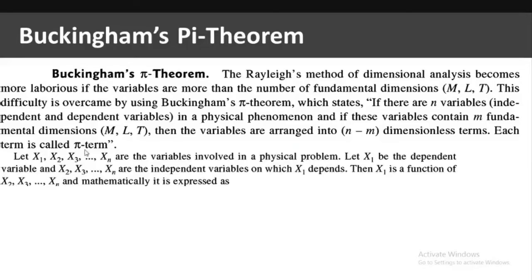So consider there are n number of properties, let x1, x2, x3 and so on. For example, x1 is velocity, x2 is acceleration, x3 is density, x4 is viscosity, x5 is mass density, and so on till n.